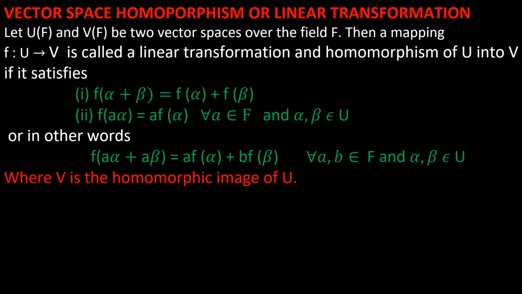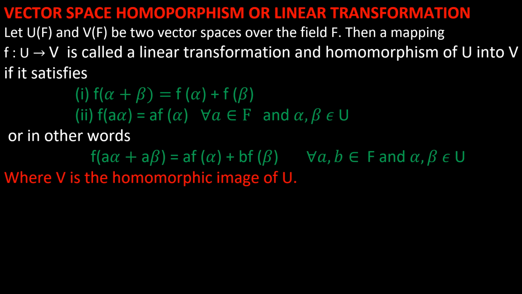That is, f(alpha + beta) = f(alpha) + f(beta), and similarly f(a alpha) = a f(alpha) for all a belonging to F and alpha, beta belonging to U, where a is a scalar.